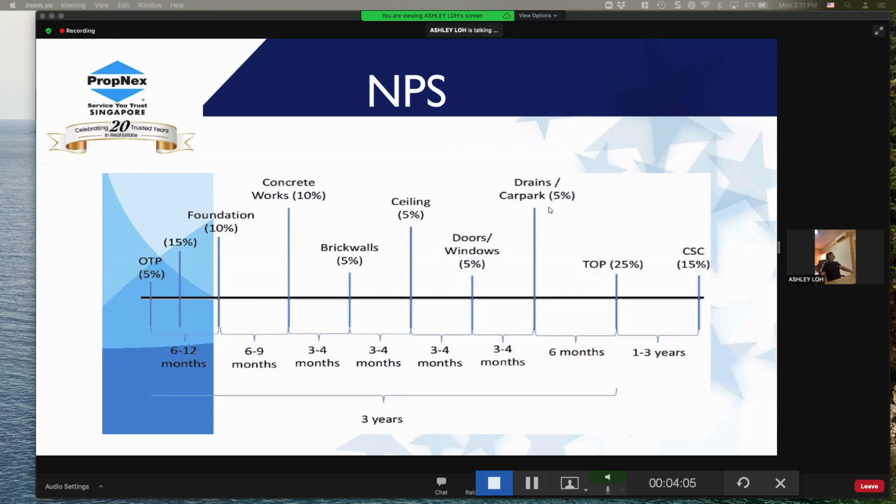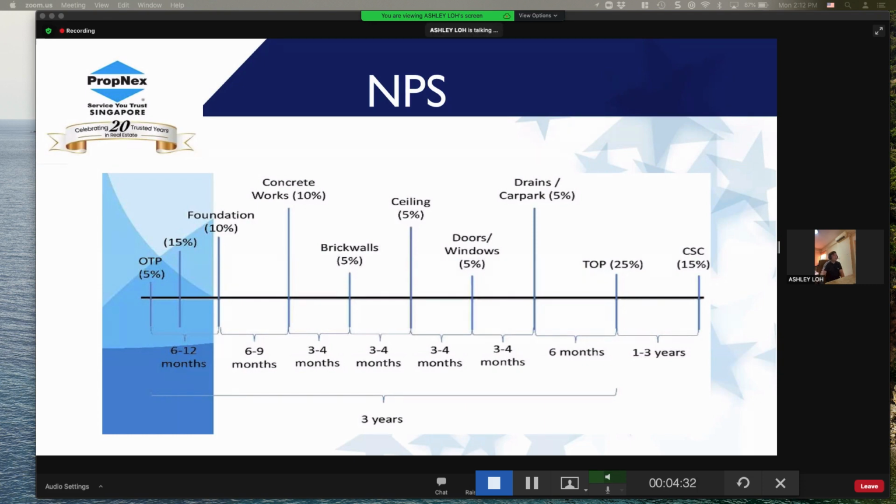Basically you pay progressively during these 3 years from your OTP, the moment you put a 5% check to lock in the unit, all the way until TOP and CSC. That will make up the entire 100% of the purchase price. You can see the blue color bar, the one where it hits half of foundation, because your first loan LTV is 75%.